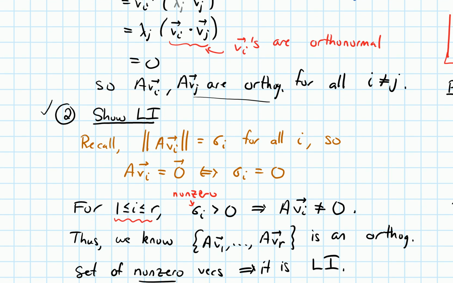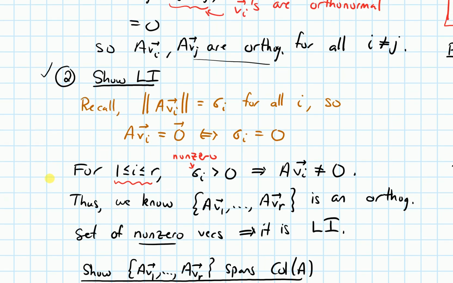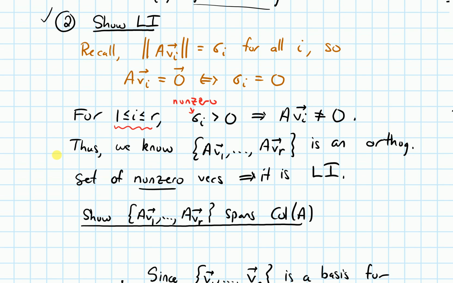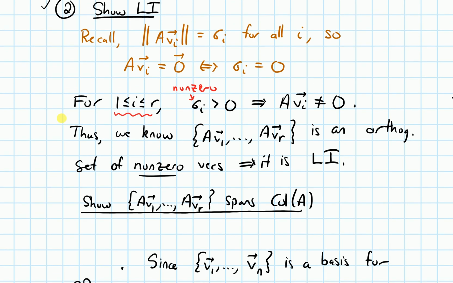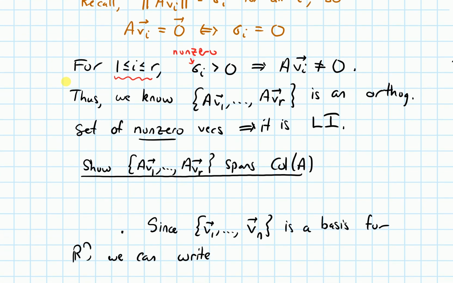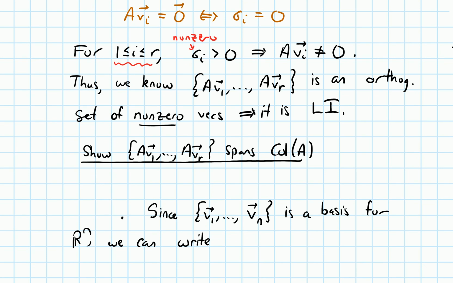Okay, what's left to do is show the spanning portion. We have to show that our set of vectors spans the column space of A. To do that, let's begin by letting Y be an element of the column space of A. I need to show that we can write Y as a linear combination of AV1 up until AVR.